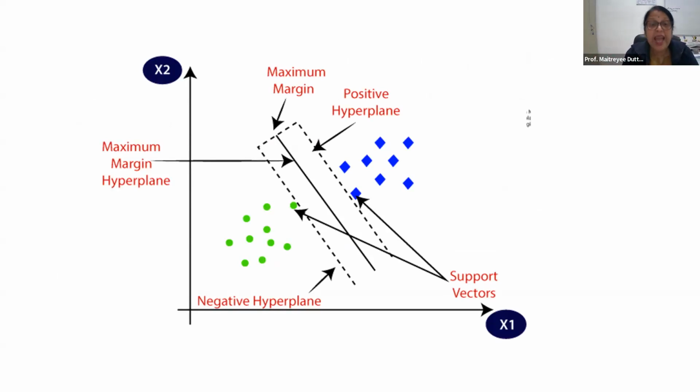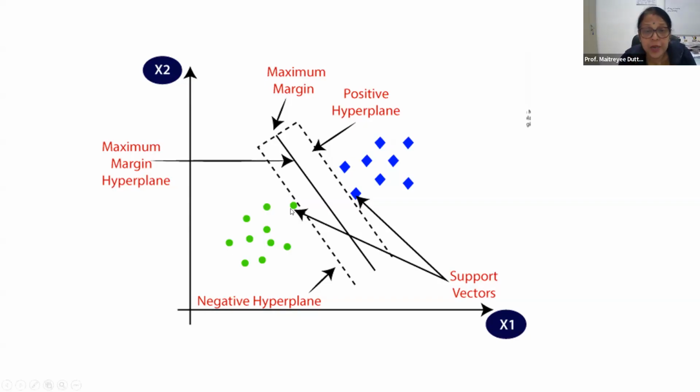Hyperplane in the sense of n dimensional space. Here we are saying 2 dimensions only, x1 and x2. If there are more than 2 dimensions, at that time we use the support vector machine. At that time we cannot say that one linear line is separating. We say the hyperplane is separating.